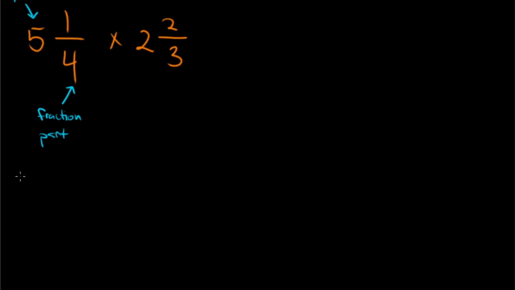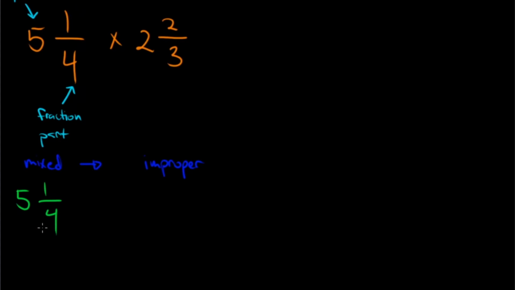Rewrite muna natin 5 1/4 into an improper fraction. So, this is your mixed fraction. I-rewrite mo siya into improper. Mamaya, papakita natin kung bakit natin kailangan gawin yan. Meanwhile, paano i-rewrite yung mixed number sa improper fraction?